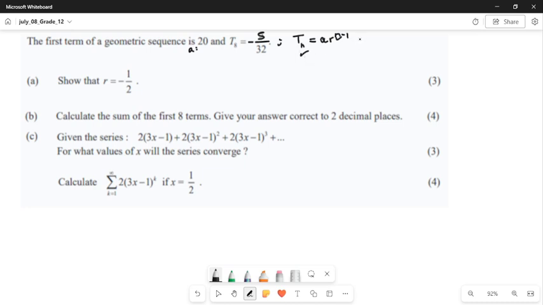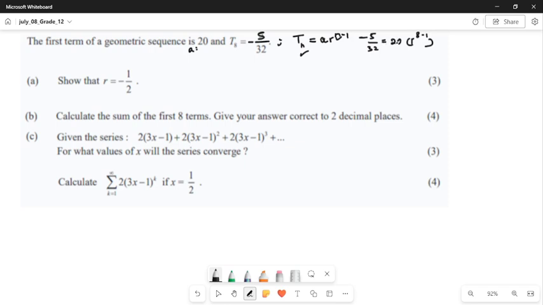Substituting at term number 8: negative 5 divided by 32 is equal to 20 times r raised to the power 8 minus 1.